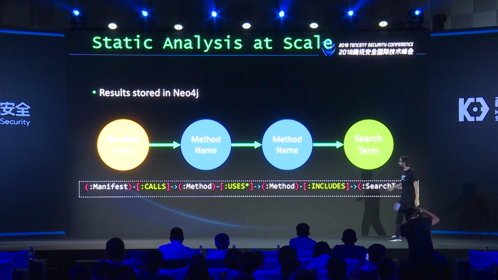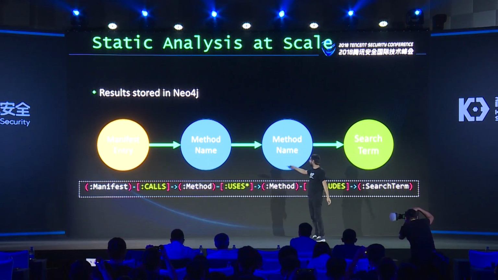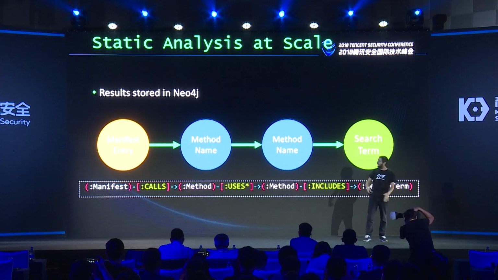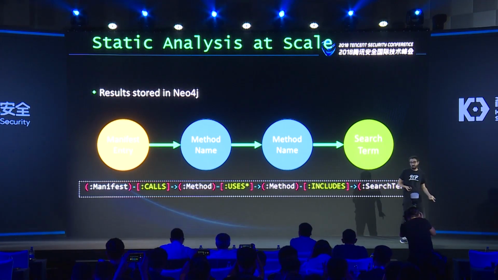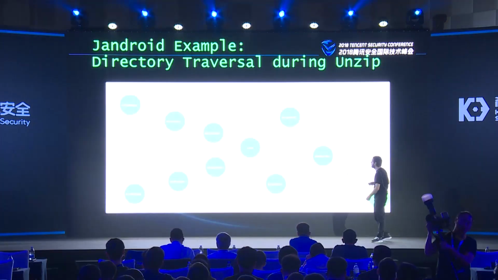You have the search term, you have the method that calls the vulnerable method, and the method that calls the method that calls the vulnerable method, and eventually, hopefully, you have some activity that's defined in the manifest as both enabled and exported, and obviously browsable if you want to target it from a browser's perspective.